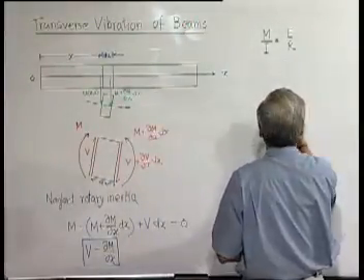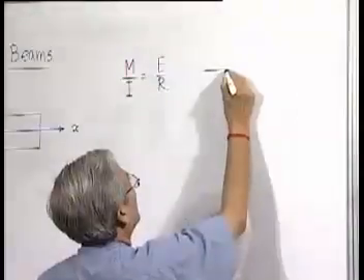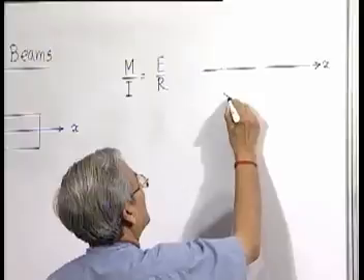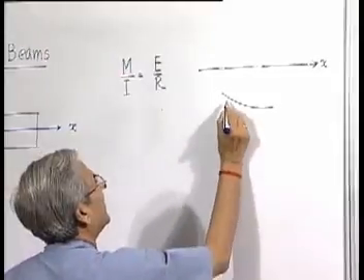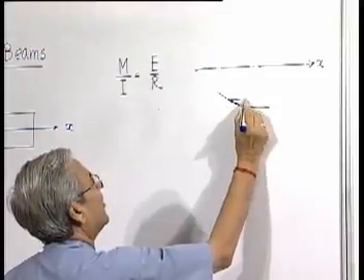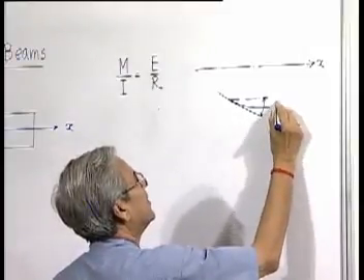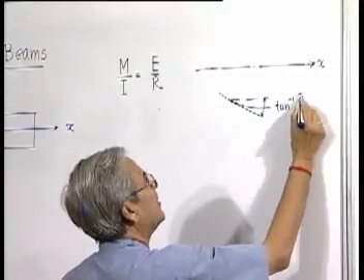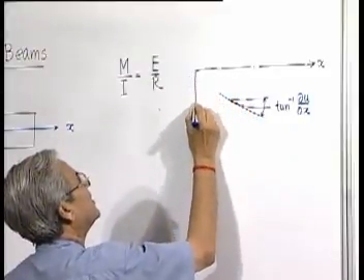Now if we see the radius of curvature in terms of displacement, how do we find out? So at one point here, for example, the slope, if this displacement is in this direction, it is u.